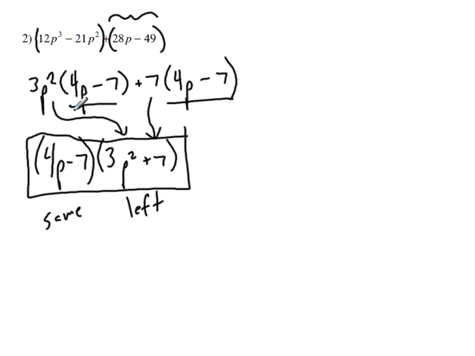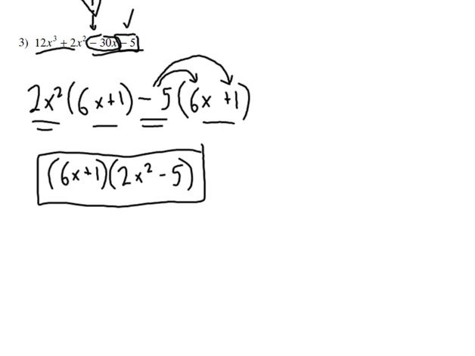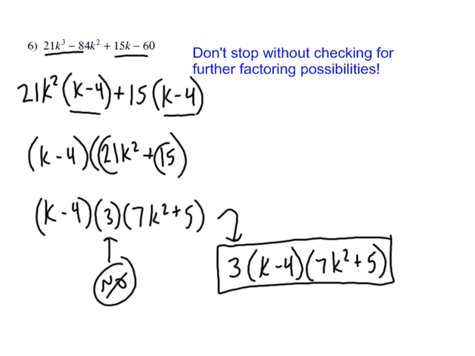So for number 2, you have 4p minus 7 repeated. For number 3, you have 6x plus 1 repeated. So look for that pattern. Remember, in the end, don't stop without checking for further factoring possibilities. That is something that's going to be an issue on, of course, number 6. That's the example shown.